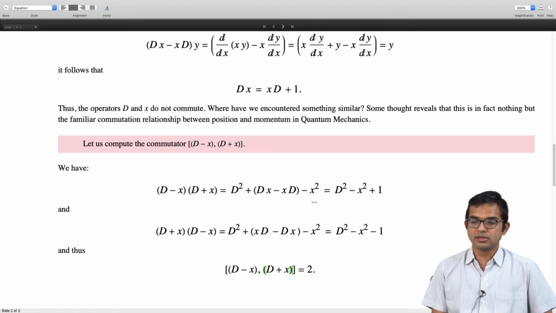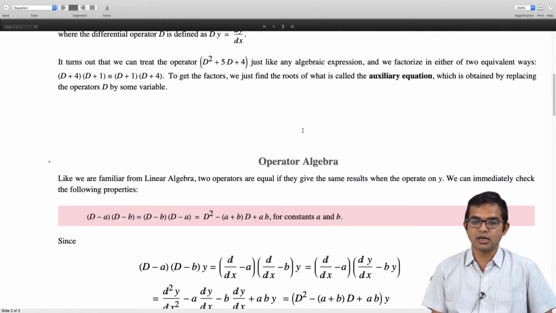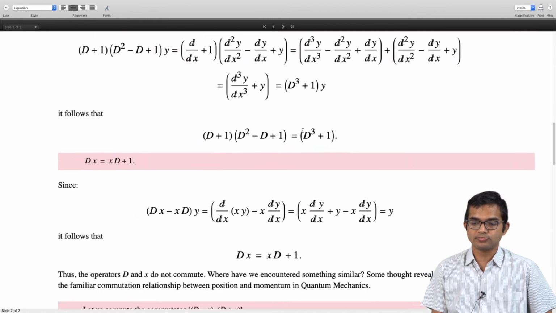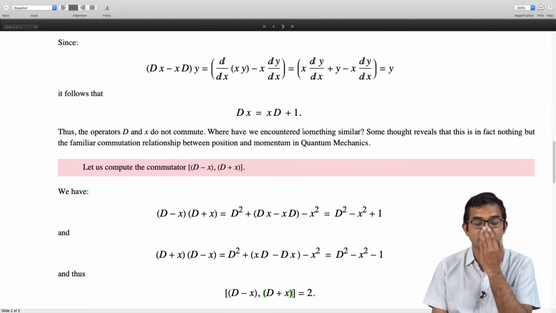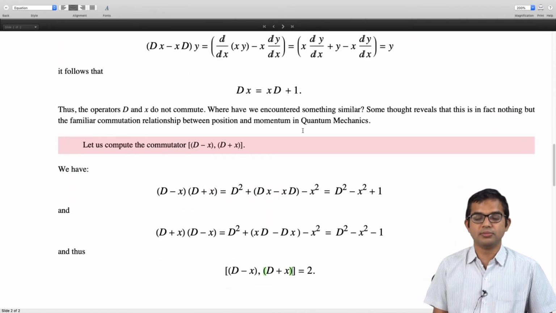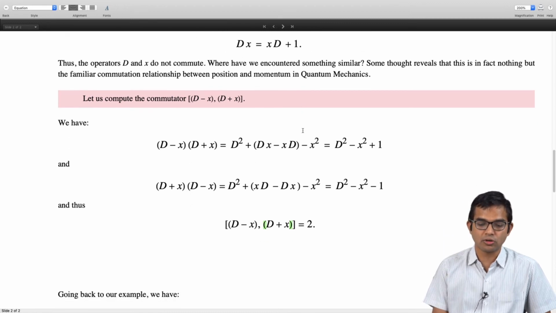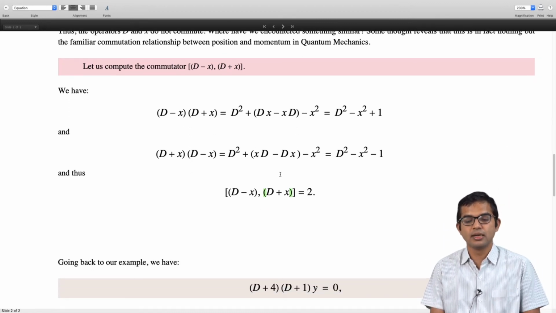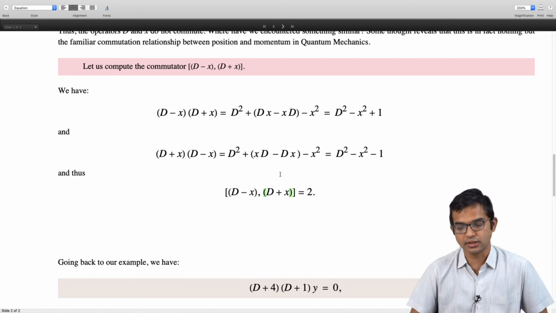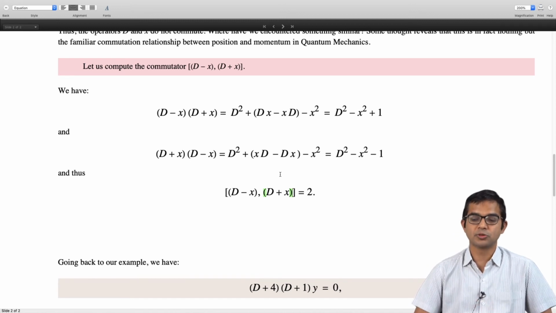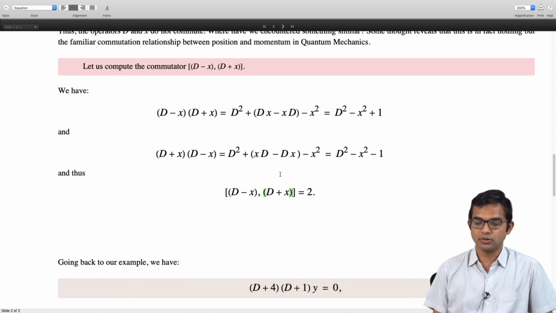Okay, so after this slight detour on operators and some of the properties of this operator algebra, let's get back to our original discussion. We were looking at the second order differential equation, d plus 4 times d plus 1 acting on y equal to 0.